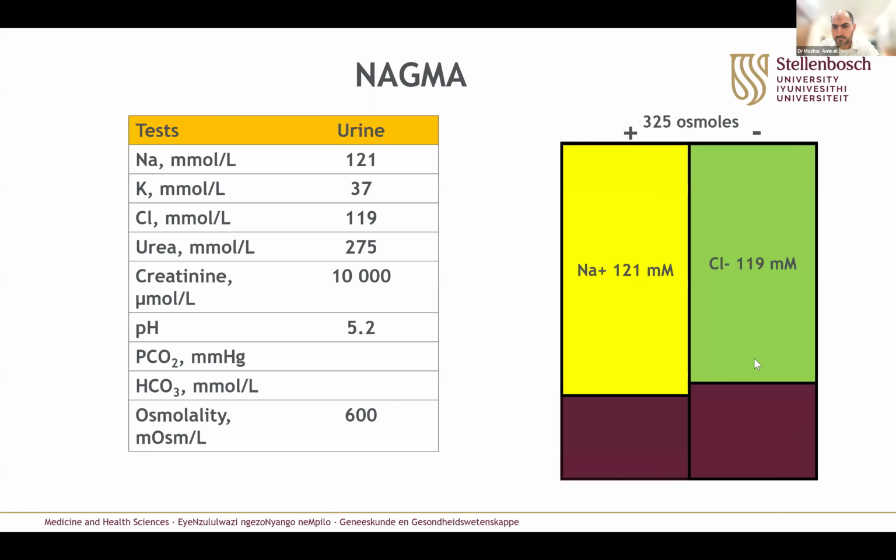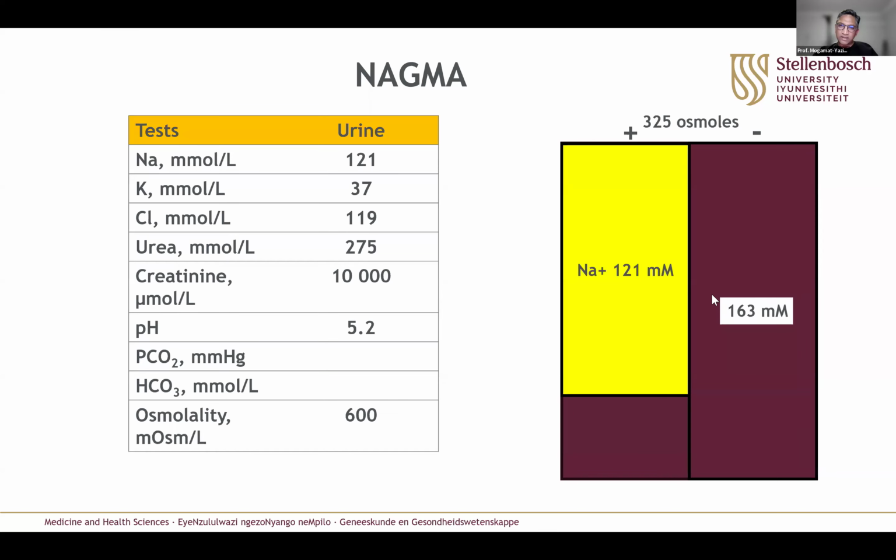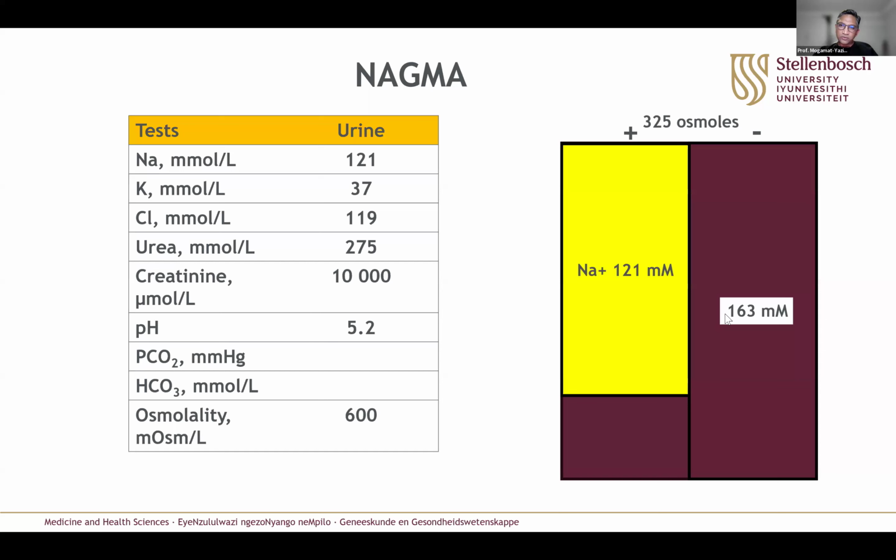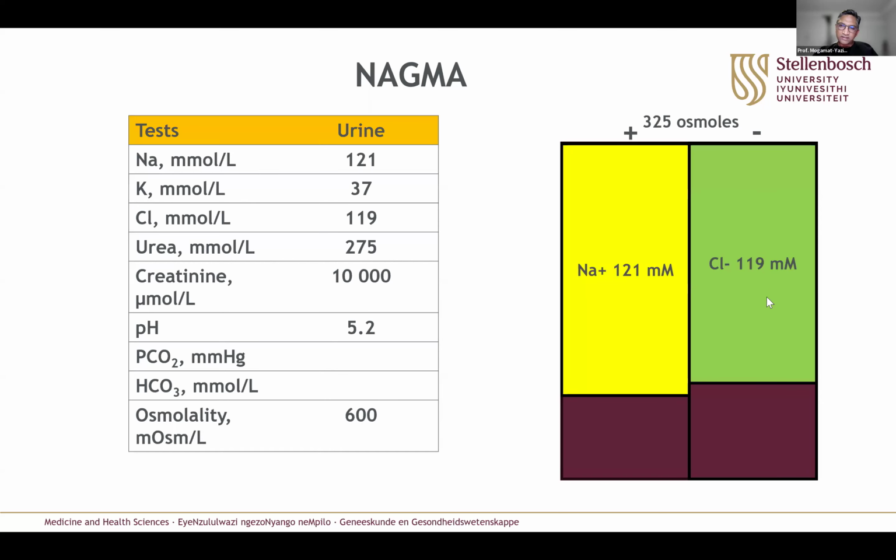Remember, all of these must add up to 163. So 120 millimoles is only accounted for of this 163 is chloride. But there's another 40 millimoles of a yet unidentified anion. And sometimes that anion may be excreted in large quantities.